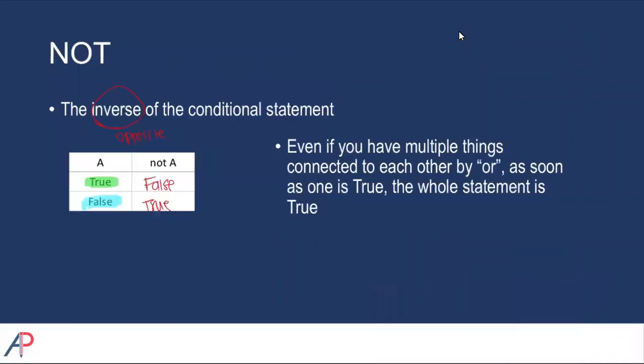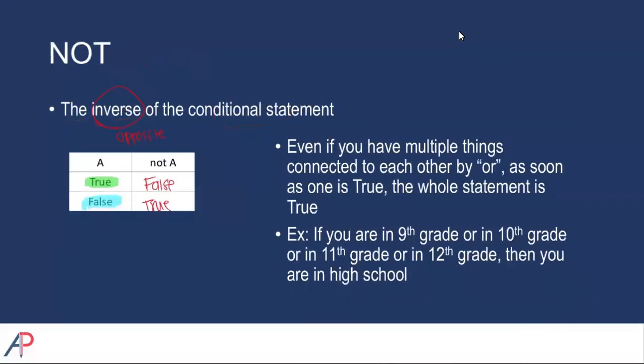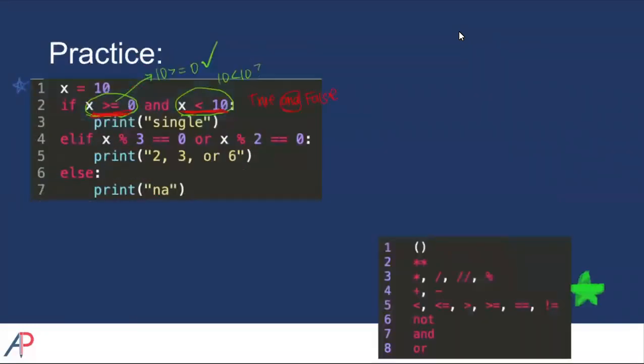Going back to our and, we see here that the true and false case is indeed false. So overall, that entire statement is going to be false. So because it's false, we skip this body. And then we're going to go into the next case, which is the elif, the else if.